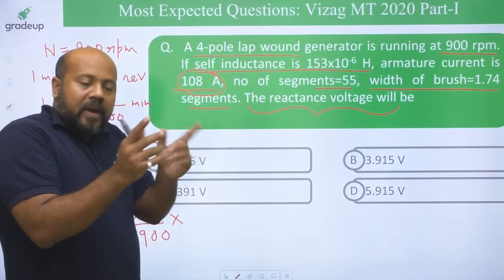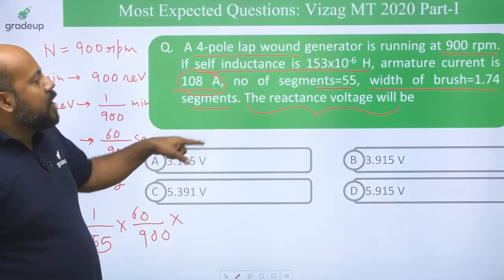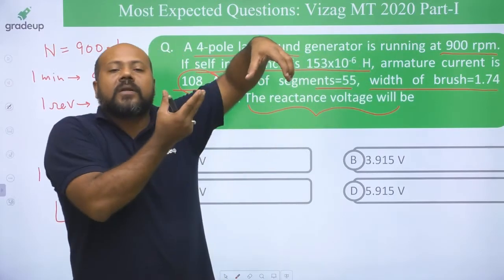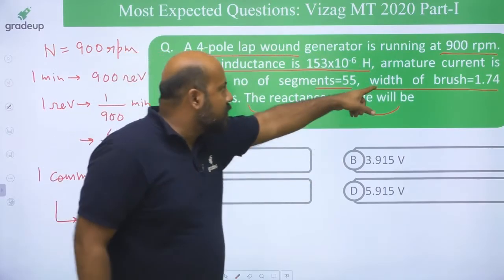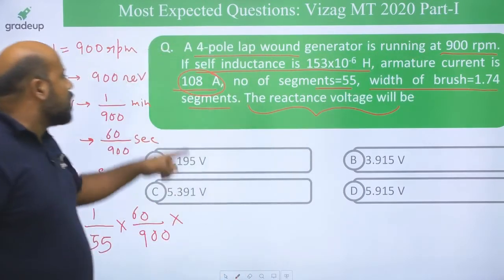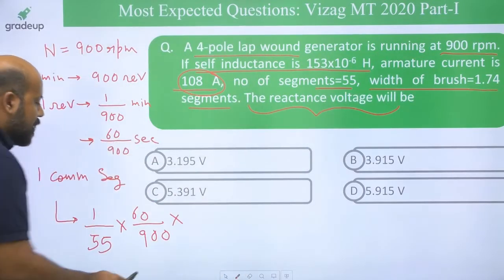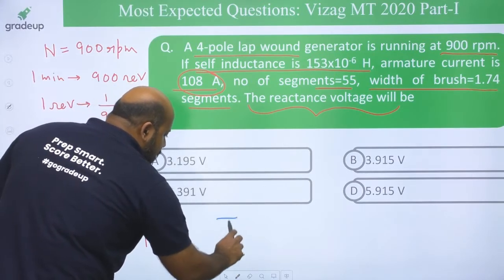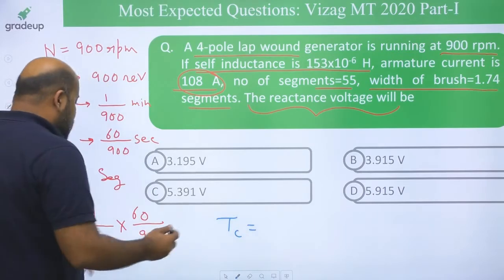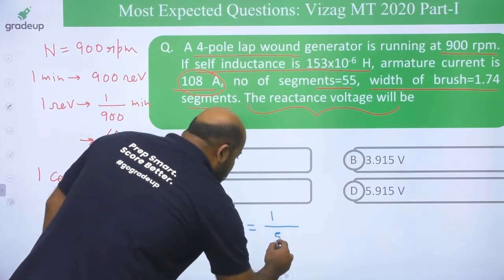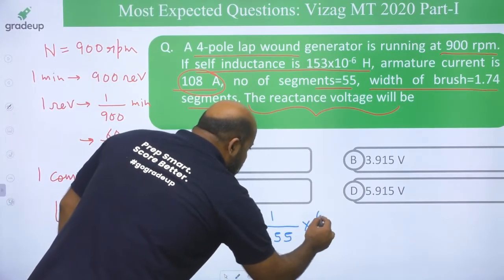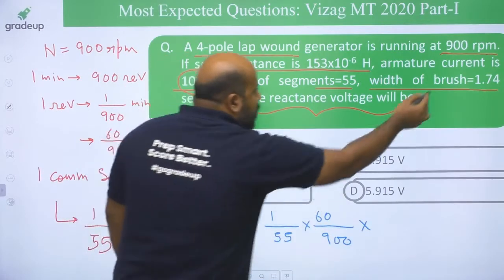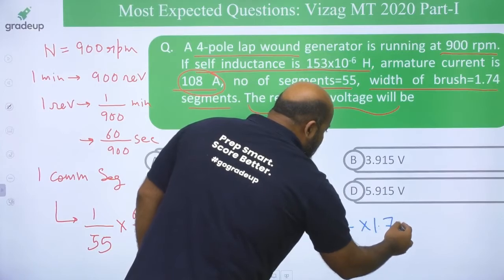But the commutation period will be given by the width of the brush, because the brush has to move from one commutator segment to another, and the brush width is given as 1.74 commutator segments. It means the commutation period TC is 1 upon 55, 60 upon 900, multiplied by 1.74.